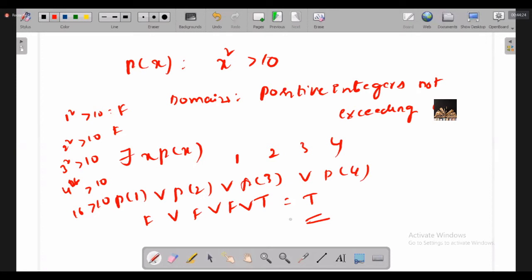Okay, are you all clear about the universal quantifier and existential quantifier?